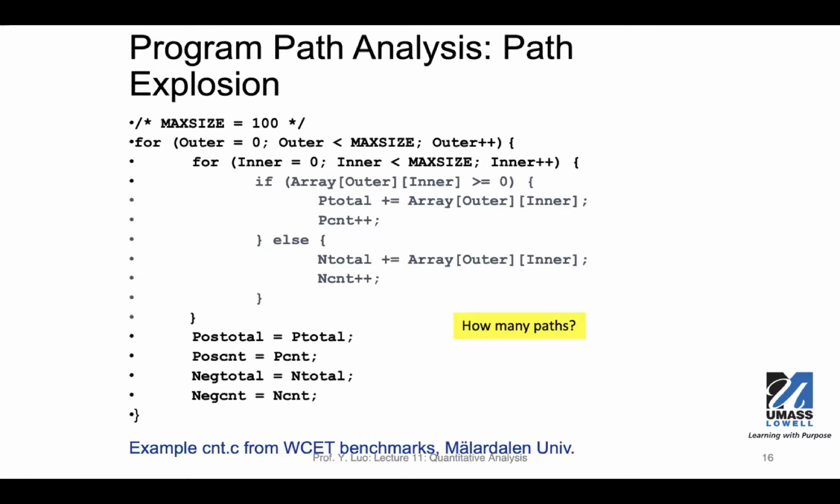If we have a for loop with, let's say, a loop duration up to 2, so we want to execute this if statement twice, then how many paths are we going to have?